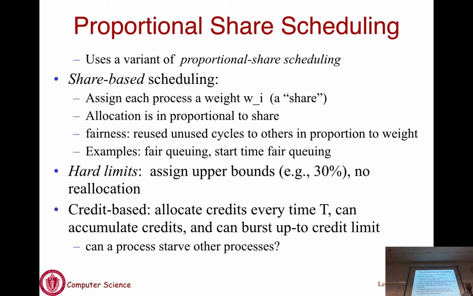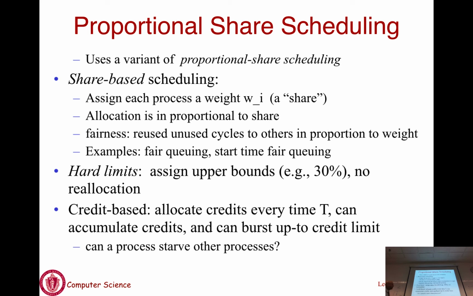Only the remaining 70% is given to everything else, and you can take that 70 and split it across other containers and so on. So both of these techniques are available in containers. You can do relative allocations using shares, or absolute allocation using percentages, which assign hard upper bounds to containers as well.